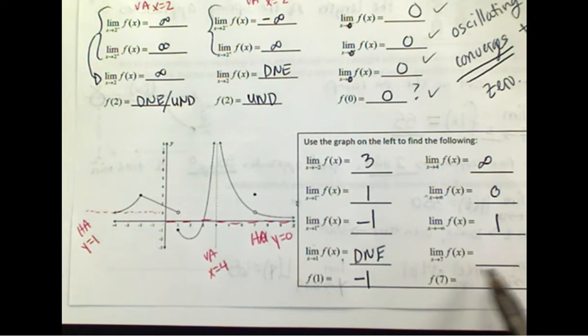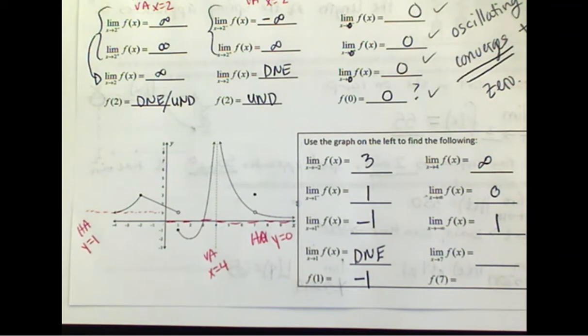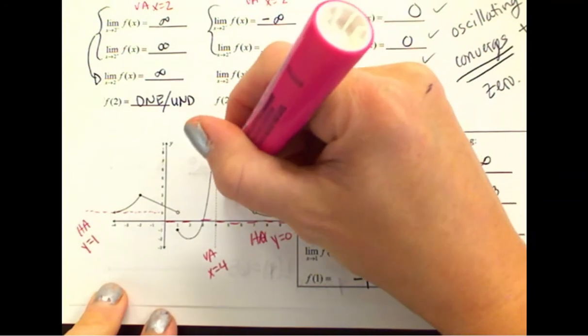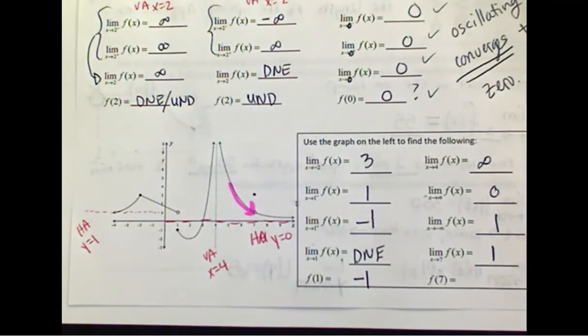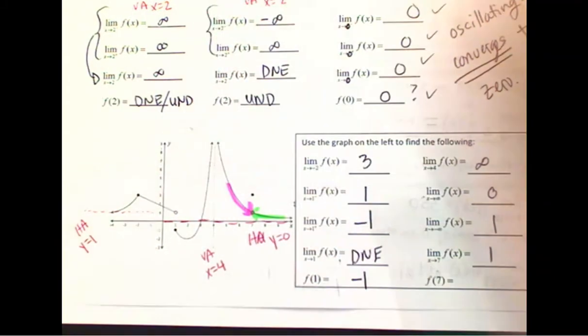Okay, the limit as x approaches 7. 3. Not 3. It's 1. Okay, so as you trace the graph from the left and as you trace the graph from the right, you are pointing at 1.